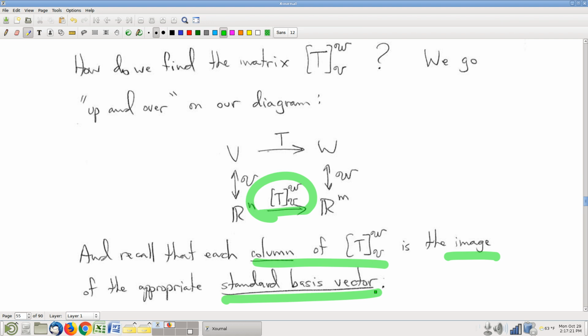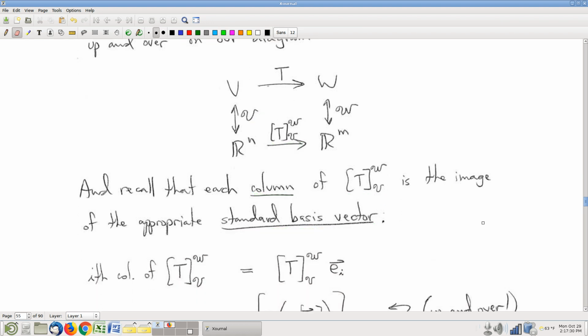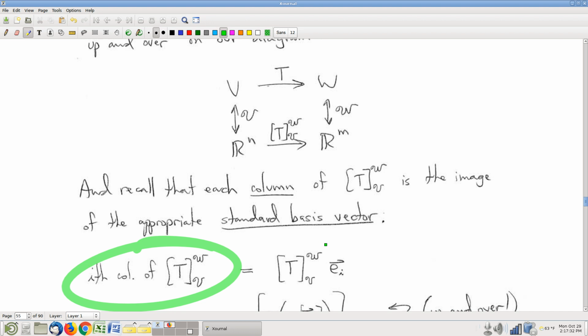If you want to understand a matrix, its columns are the images of the standard basis vectors. So I'm just going to literally write that down here. If you want to understand the columns of the matrix, multiply by standard basis vectors. Okay, what does that look like?